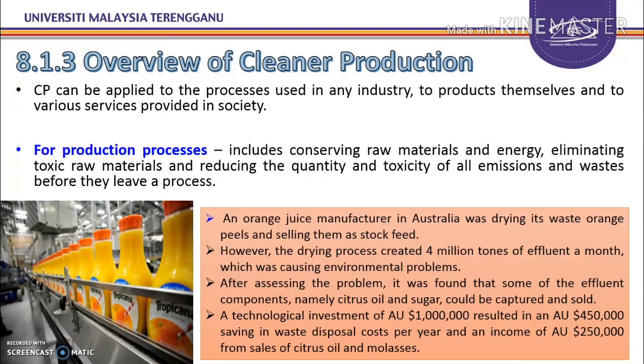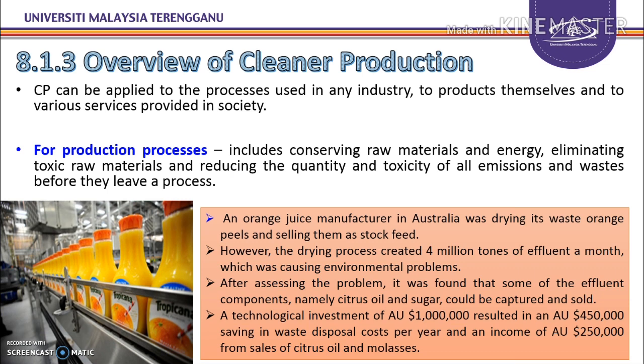Okay guys, let's see what cleaner production can do for production processes, products, and services. For production processes, it includes conserving raw materials and energy, eliminating toxic raw materials, and reducing the quantity and toxicity of all emissions and waste before they leave a process.